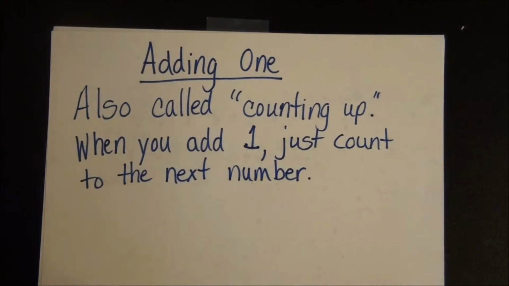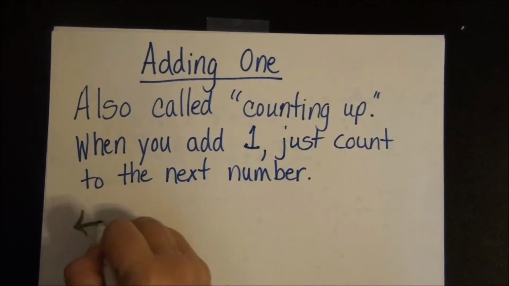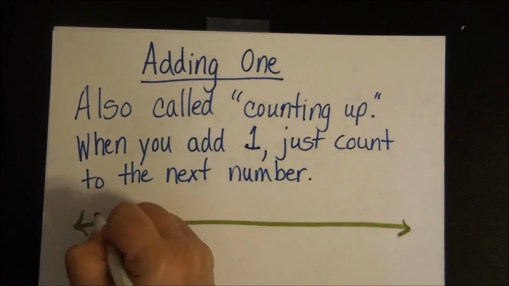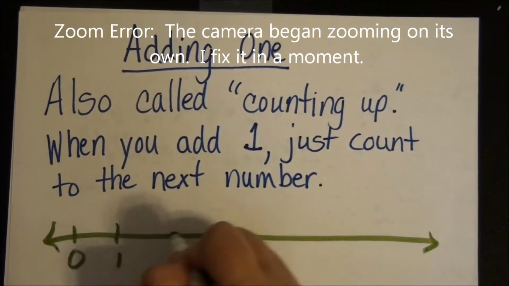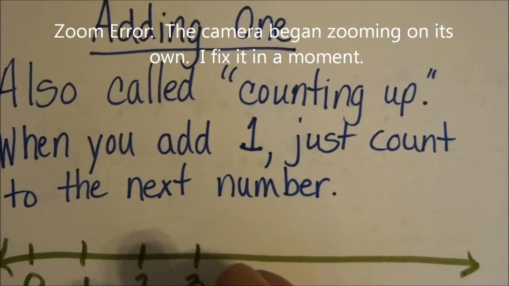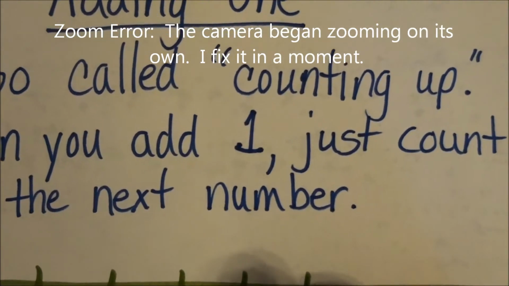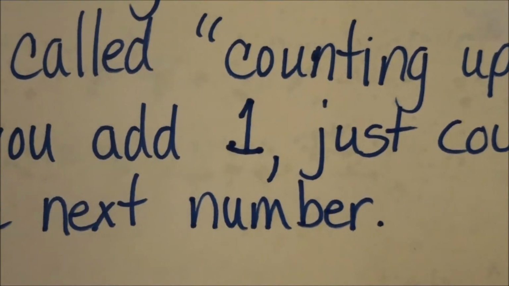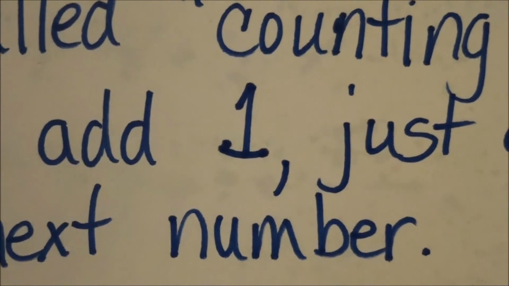And I'm going to draw a number line here, a pretty standard number line. 0, 1, 2, 3, 4, 5, 6, 7, 8, and it would continue on.